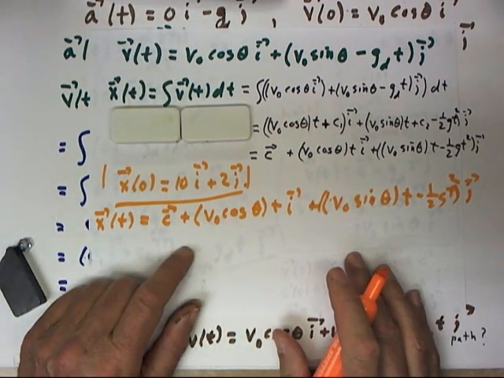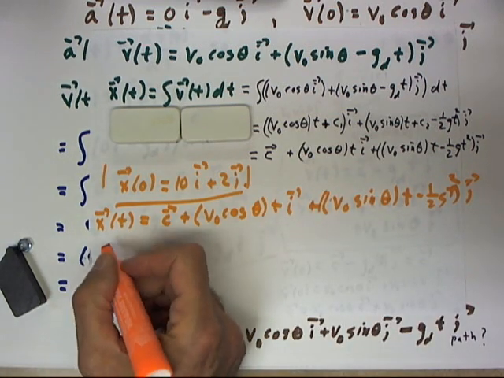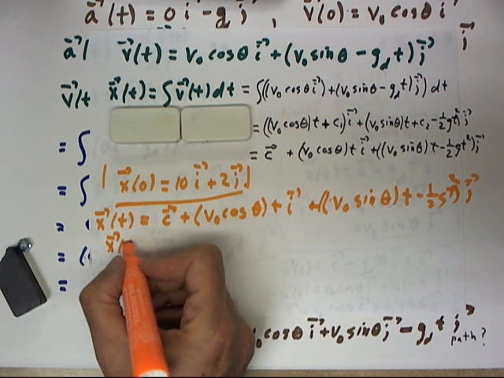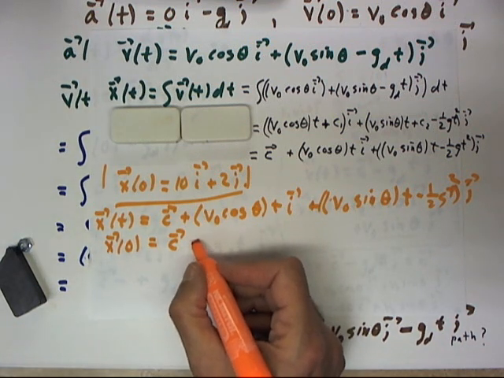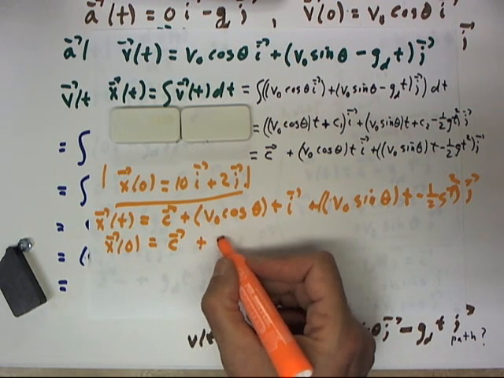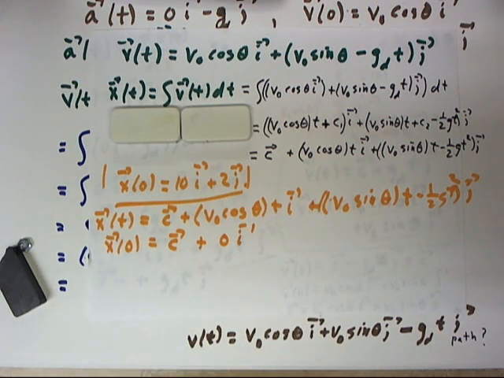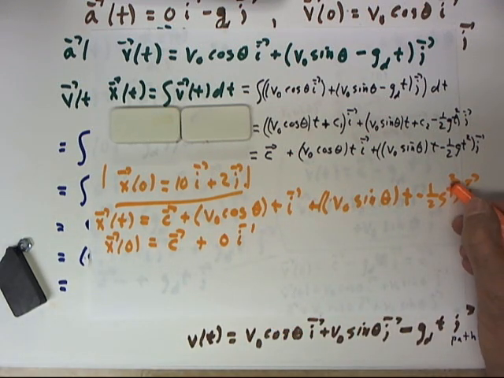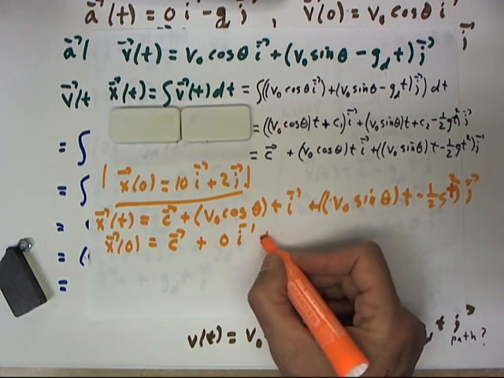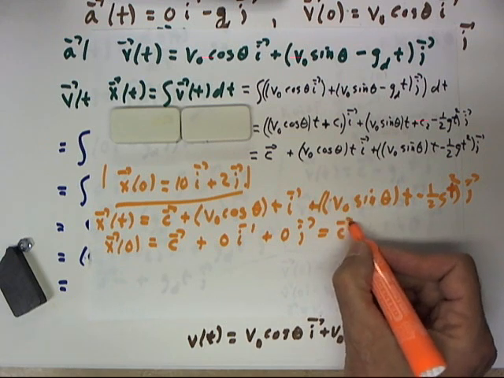There's our function, nicely written out. And we see that x of 0 will then equal c plus 0i, since t is 0. And this part of our j function will be 0, and this part will be 0. So we've got 0j, which just equals c.